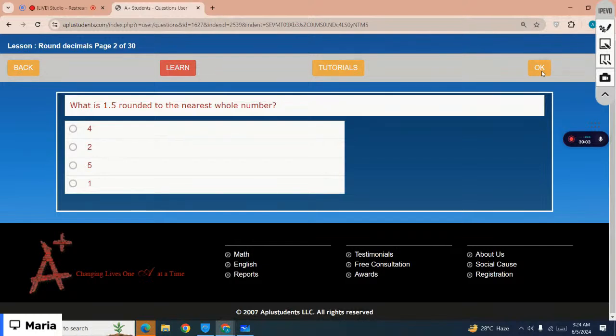The correct option is, yes, 2. 1.5 is rounded off to 2.